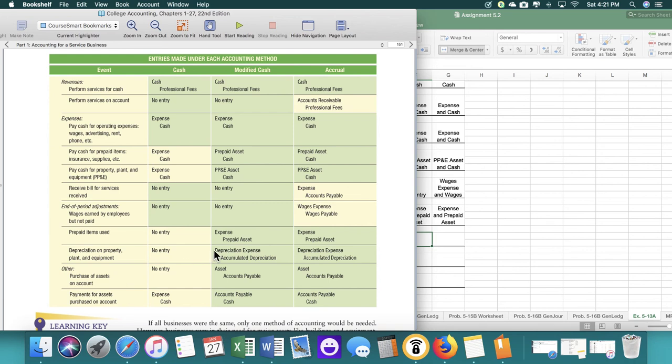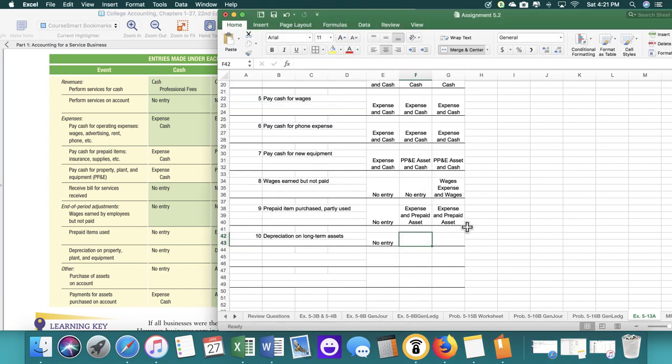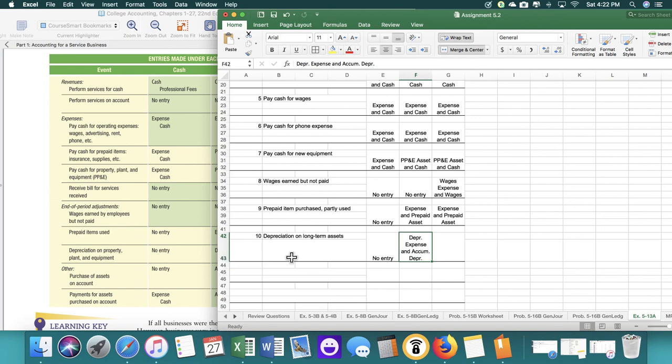And we're going to have depreciation expense and then accumulated depreciation like we had on some of the earlier problems for this chapter. Again, you can abbreviate.